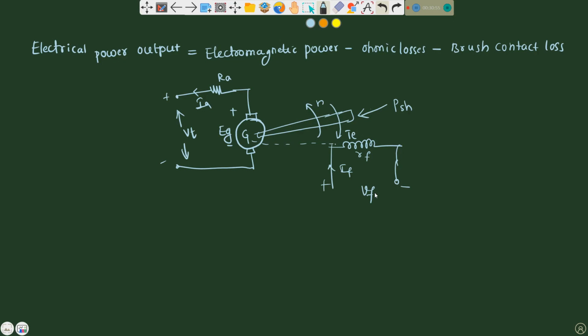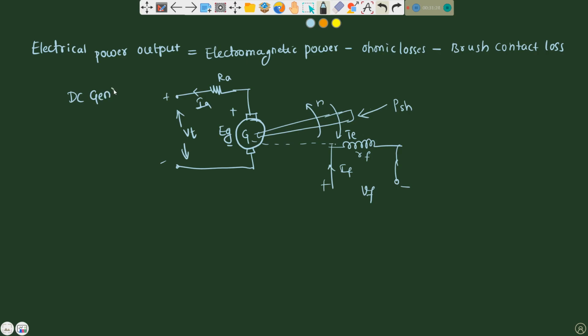The prime mover might be watts, or it might be a diesel generator, or any other aspect. So this is for DC generator.